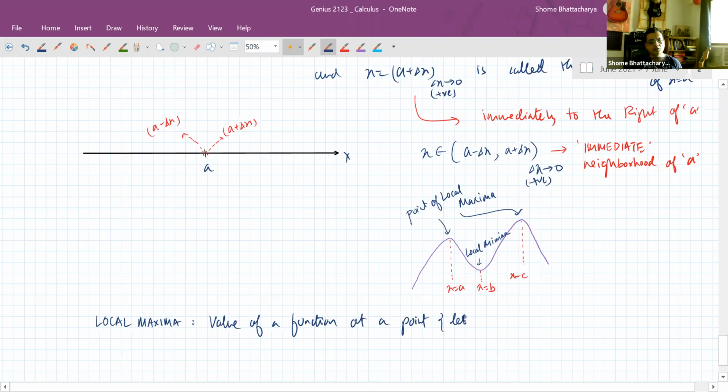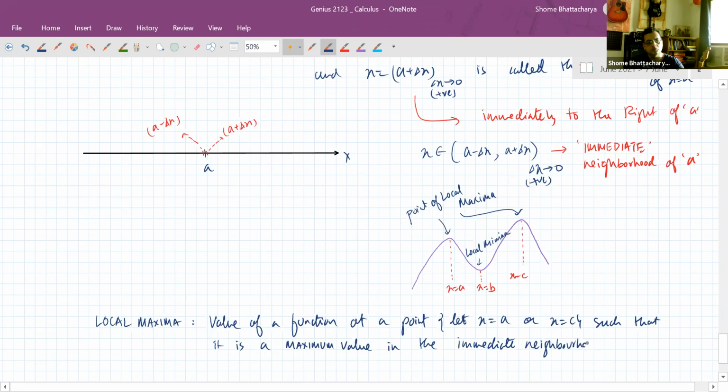Suppose we take that point is equal to x equal to a or x equal to c, such that it is a maximum value in the immediate neighborhood of that point.